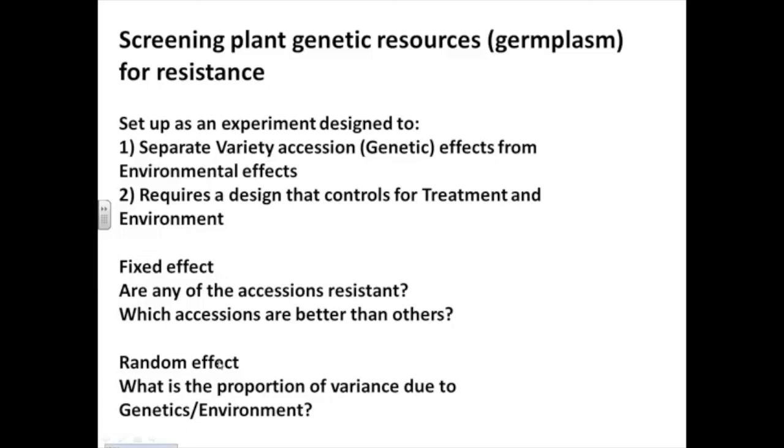I can get different information out of the experimental design by running it as a random effect than if I run it as a fixed effect. Okay? So I'm approaching this from the point of view of what information can I extract from the experiment.